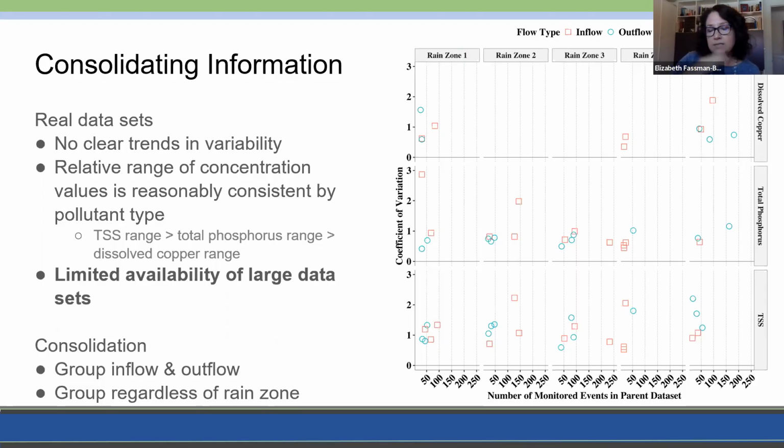The relative range of concentrations across almost all the sites is very consistent. And the bottom line is there's an extraordinary limitation on the number of data sets available where there are at least 15 monitored events. This resulted in us grouping our inflow and outflow data, and grouping all the rain zones together, in proceeding with this analysis of uncertainty.